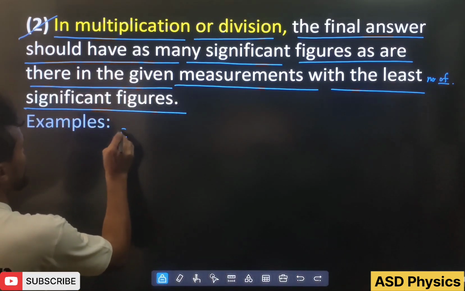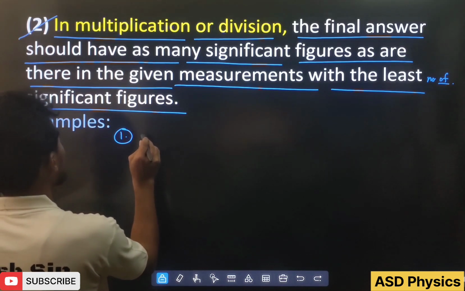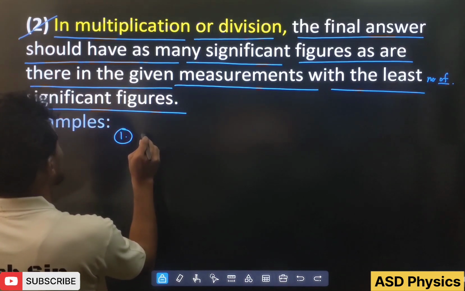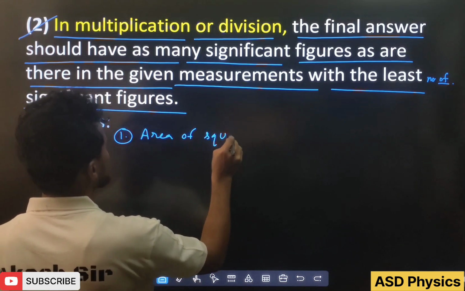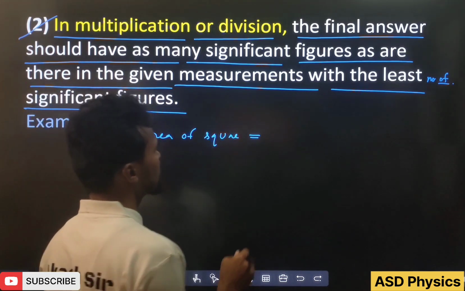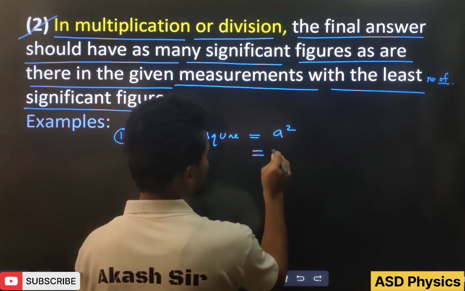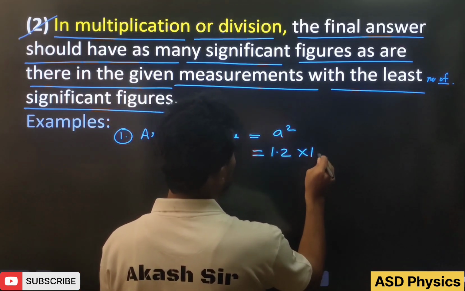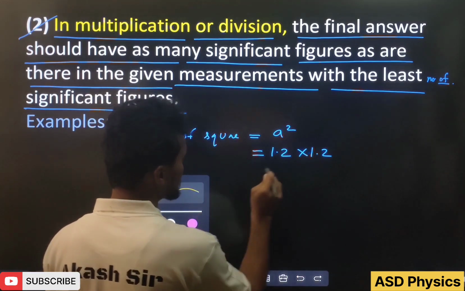Okay, so let's take, for example, students, a square. Let's take first the area of the square. What is the formula? A squared. Let's take both as 1.2, 1.2. So multiply 1.2 into 1.2, in centimeter. How many significant figures here? 2.